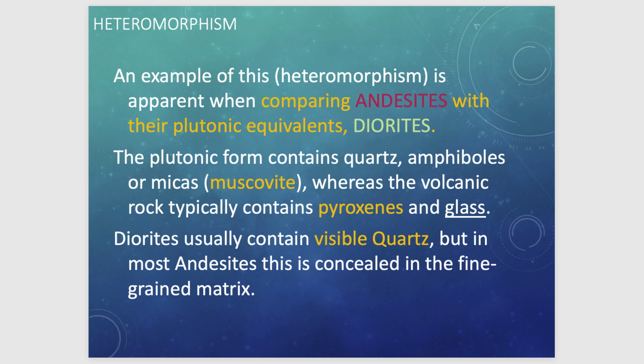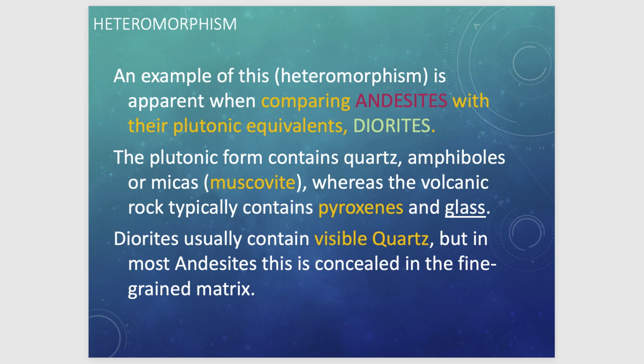It's true that the chemical composition of the rock is the same, but often you get different mineralogy as well. So the plutonic form, the diorites, usually contain quartz, amphiboles, or micas, so muscovite, whereas your andesite is more represented by pyroxene and glass quite often.